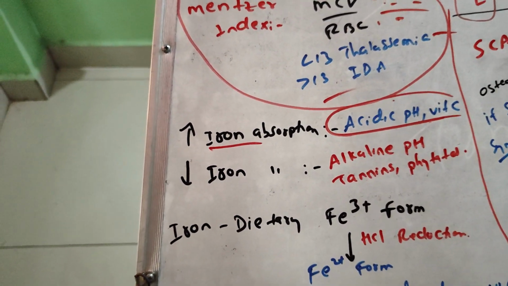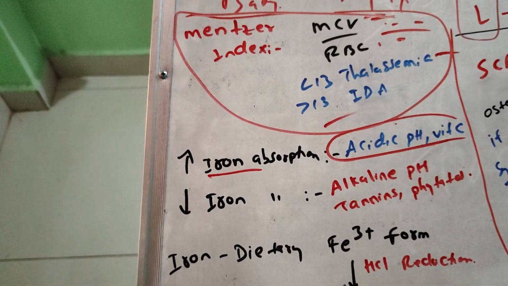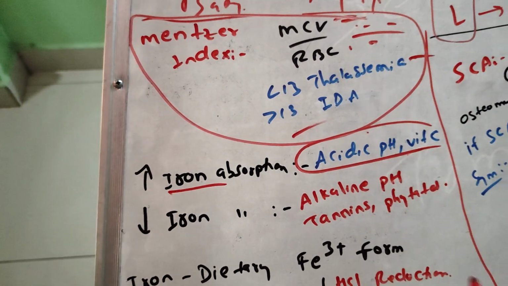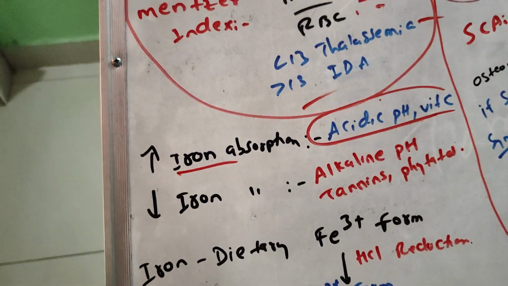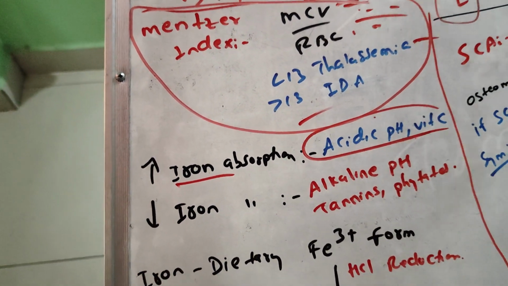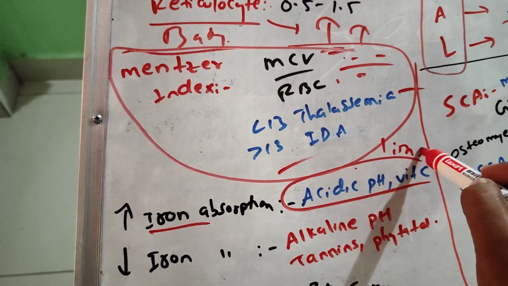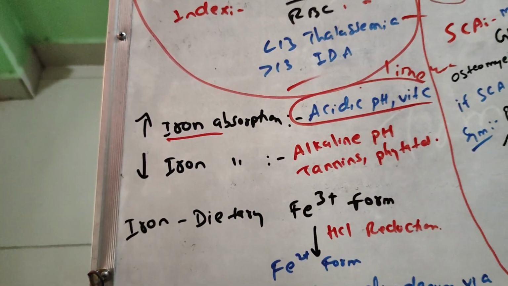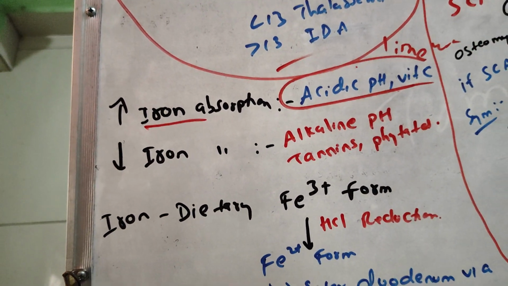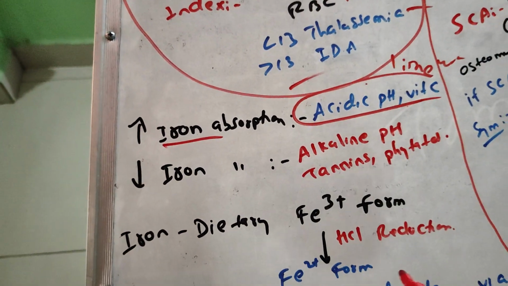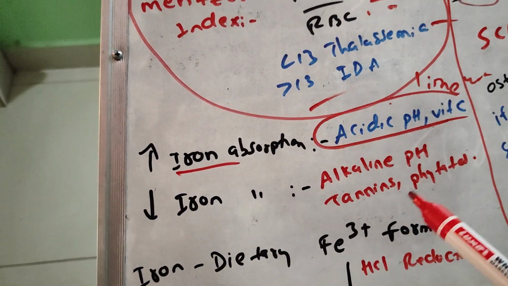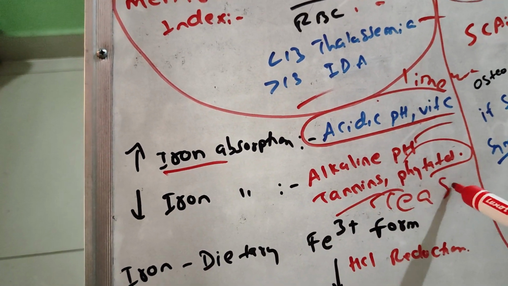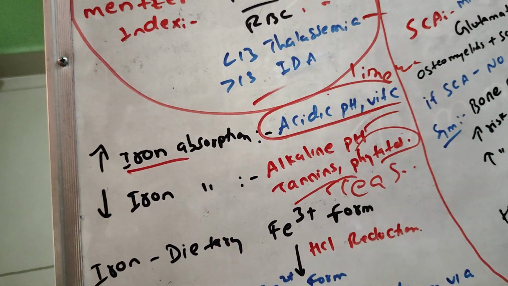That's why, when pregnant women are taking iron tablets, we doctors always tell them to take them with lime water, because it increases the iron absorption. What are the substances that decrease iron absorption? Alkaline pH, tannins meaning tea, and phytates like sprouts. Milk also decreases it.